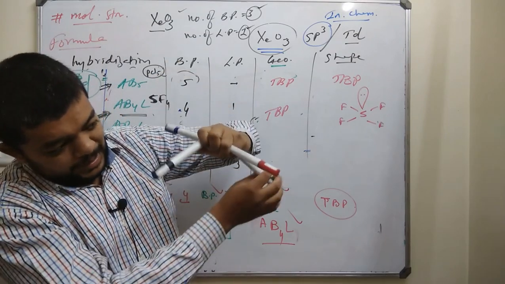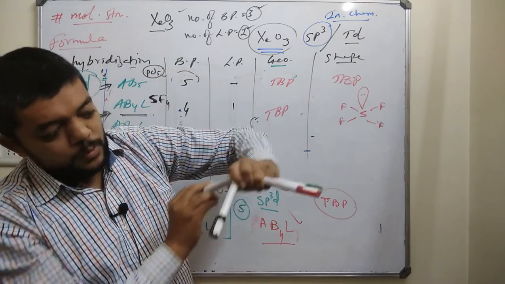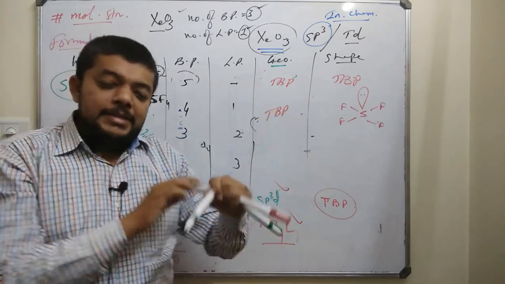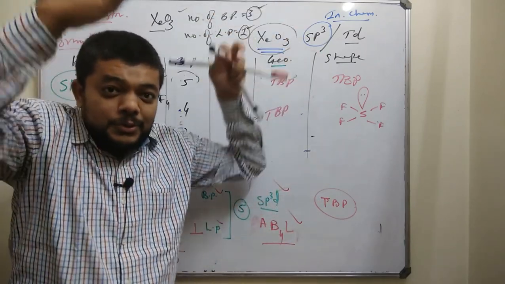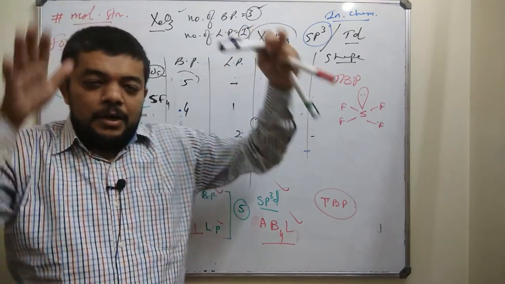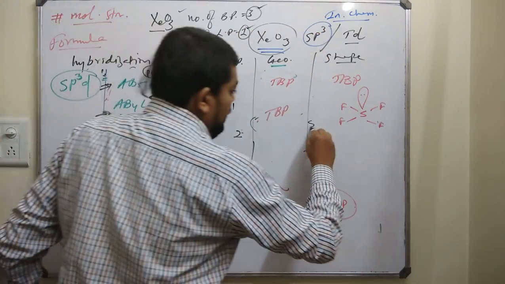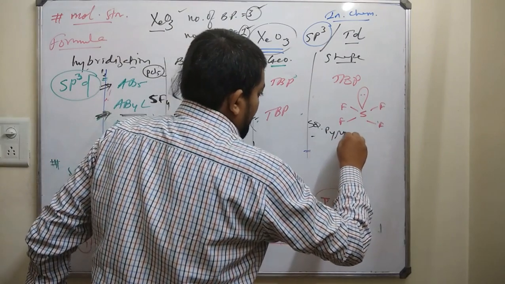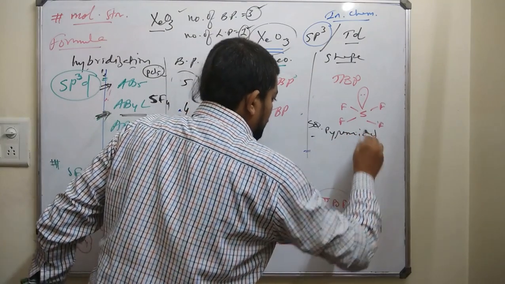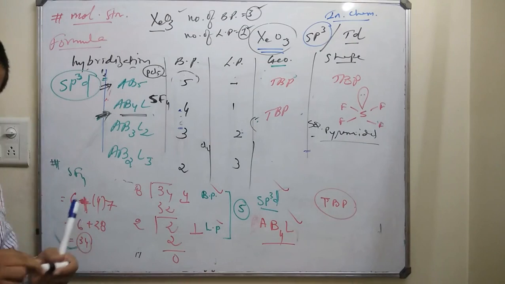So it will be something like this. So it will now become square pyramidal. Like a house roof that is slightly bent, a bent rooftop, square pyramidal. I hope friends you are getting it correct.